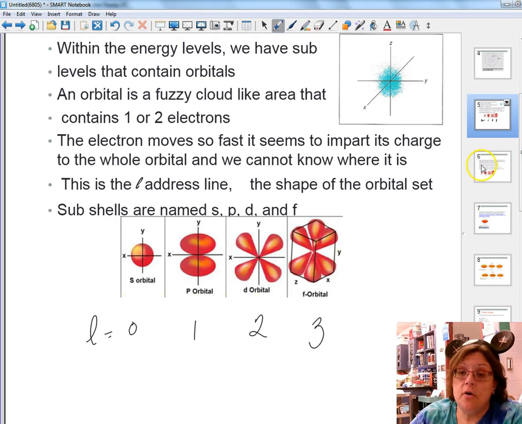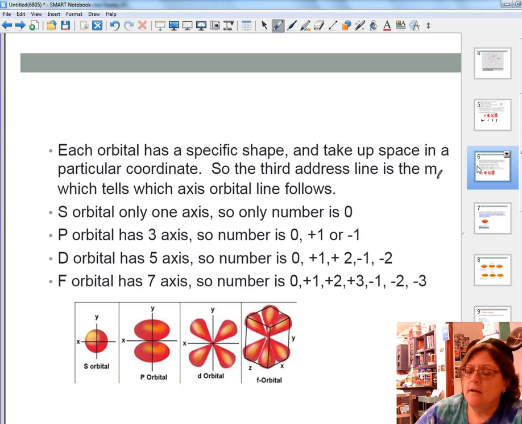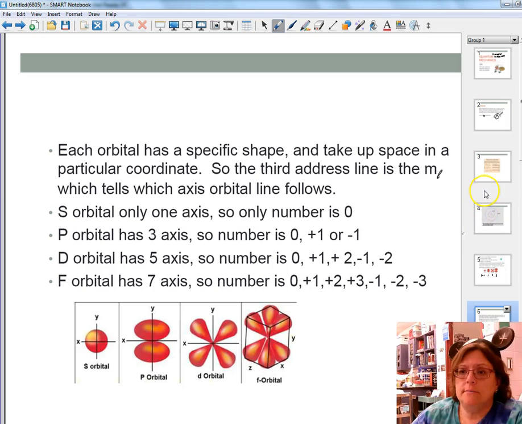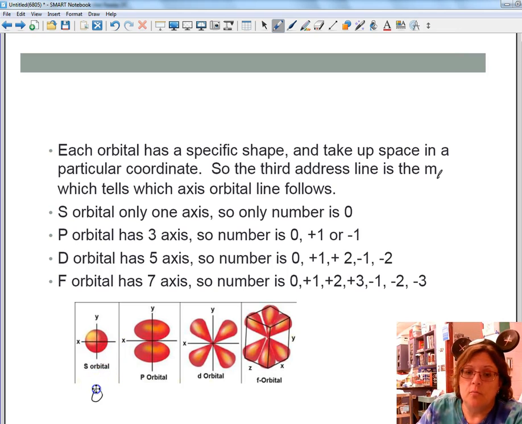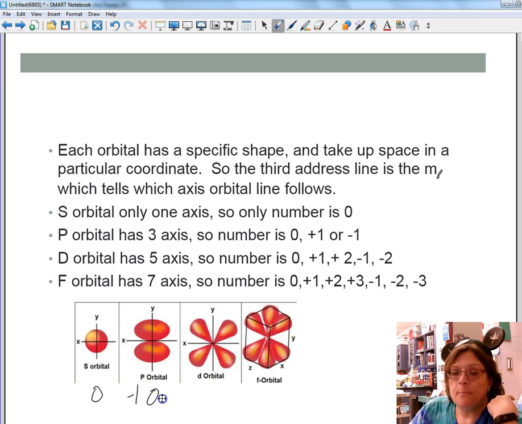Now, the third quantum number gives us the actual room number. Okay? The s orbital has only one axis. It only has one room. So the s orbitals are only ever going to have a third number that is a 0. The third number for p orbitals are either going to be -1, 0, or +1.